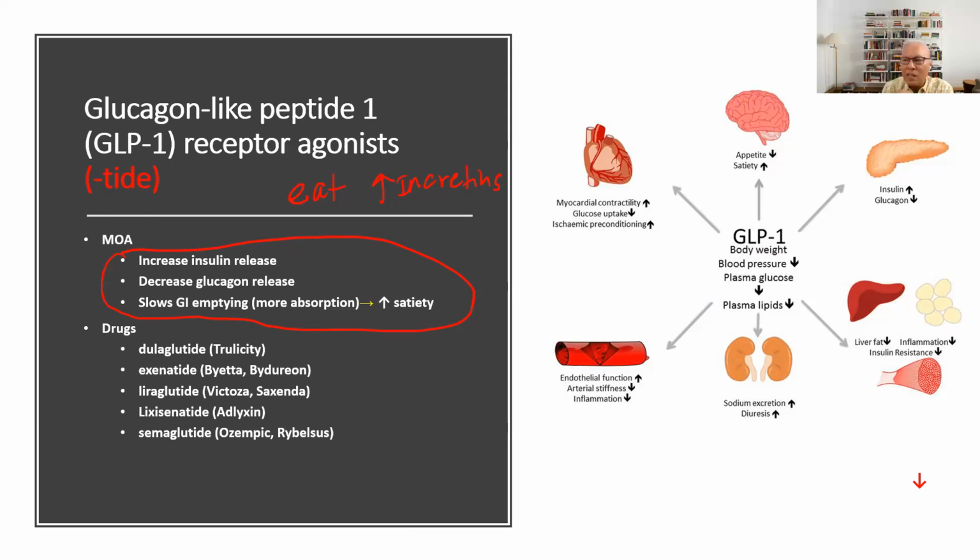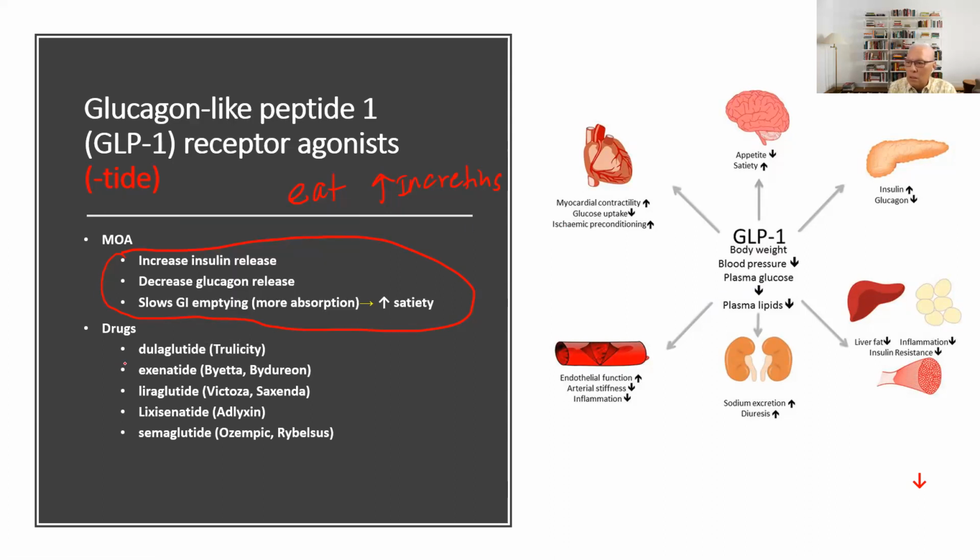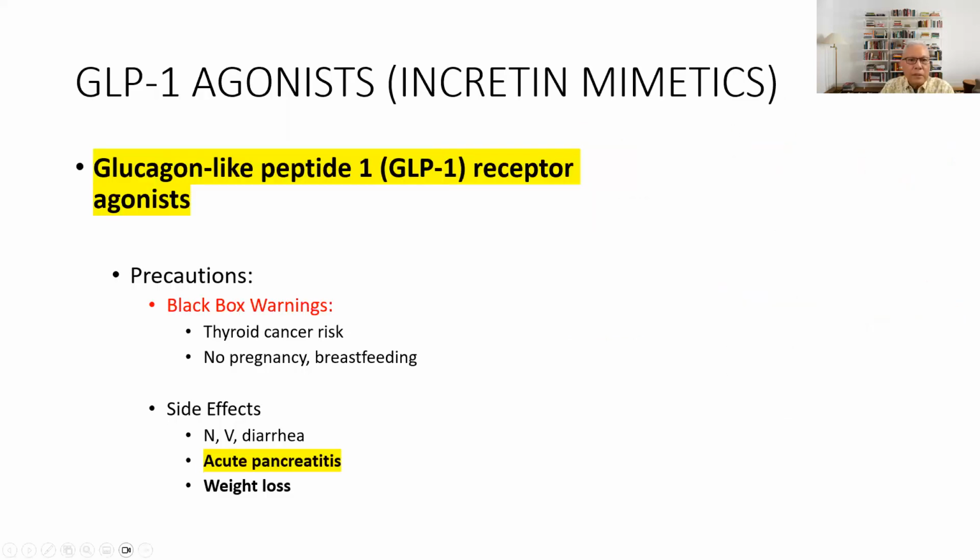But Byetta, which is exenatide, and that is the most common one, is a twice daily injection. So exenatide is the most common of all these. So exenatide or Byetta. Okay.